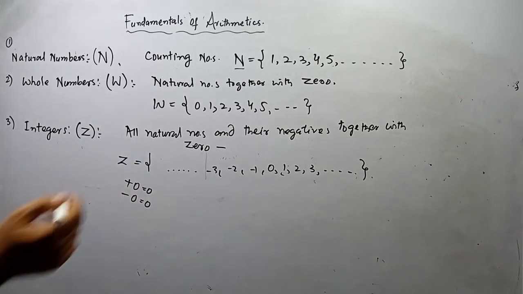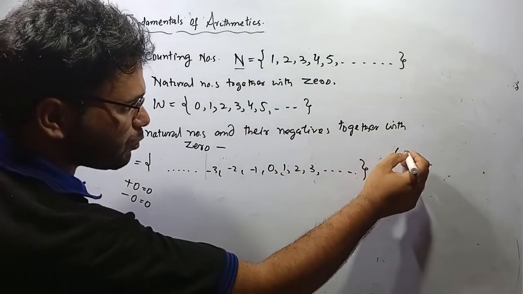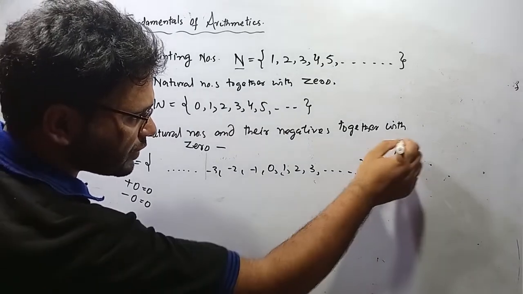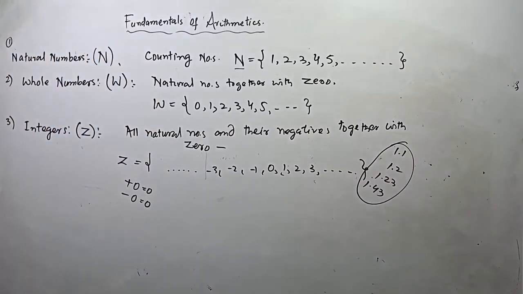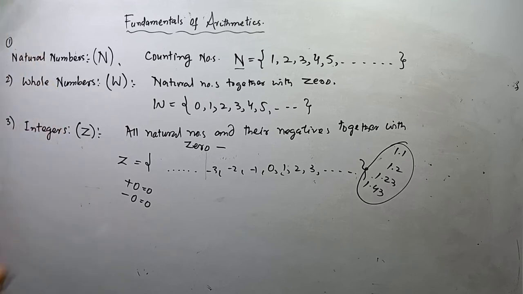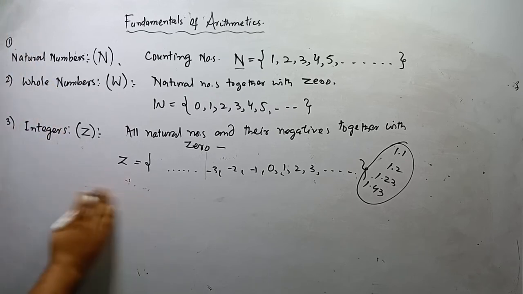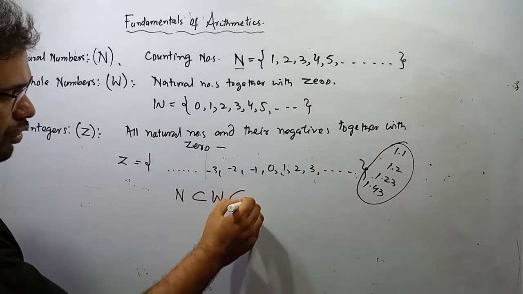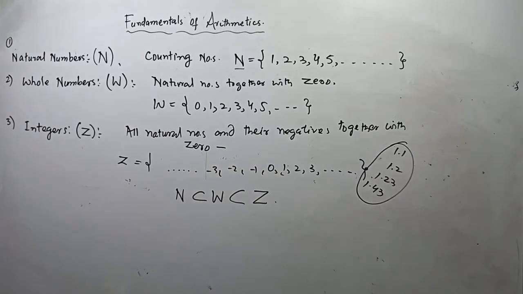For example, between 1 and 2 I have 1.1, 1.2, 1.23, 1.43. These are the decimal numbers, these are not the natural numbers, because they are not used in countings. So this was about the natural number, whole number and integers. We can finally write all natural numbers are whole numbers and all whole numbers are integers.